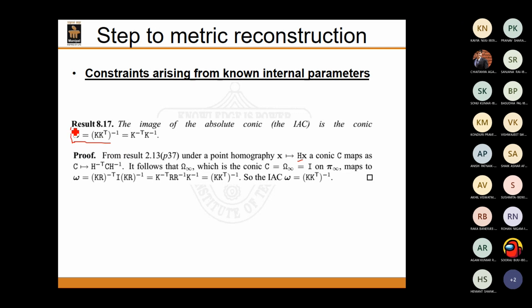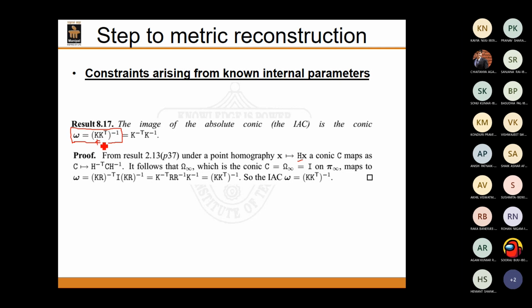So the bottom line is, if we are using the internal parameters of the camera as the extra information used to derive the image of the absolute conic, or IAC, I can write omega is equal to (K transpose)'s whole inverse, where K is the internal parameters.